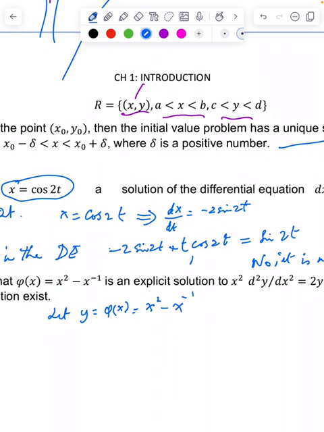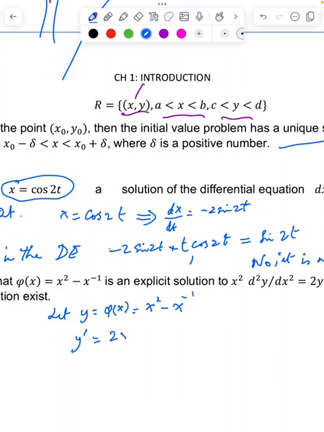Because this is a second order differential equation, we have to find the first derivative and then the second derivative. If you recall, yesterday we found the derivative of this. Now when we are doing the derivatives, it's our choice. You don't have to write dy by dx, you can write y prime.